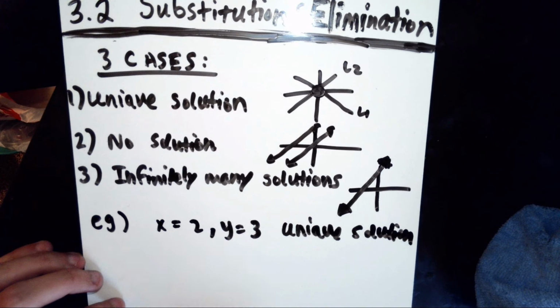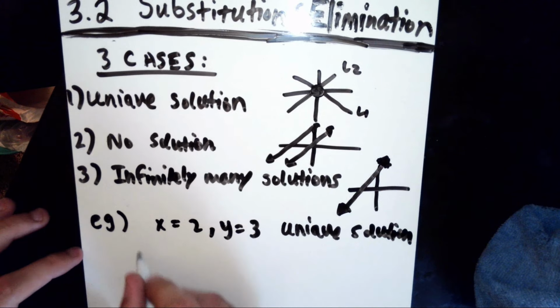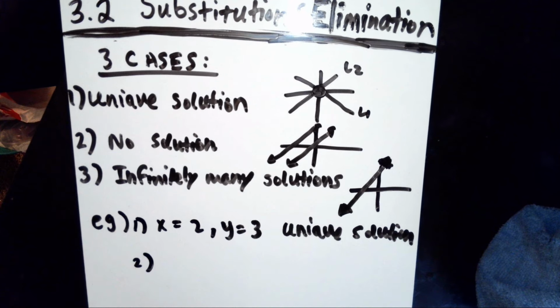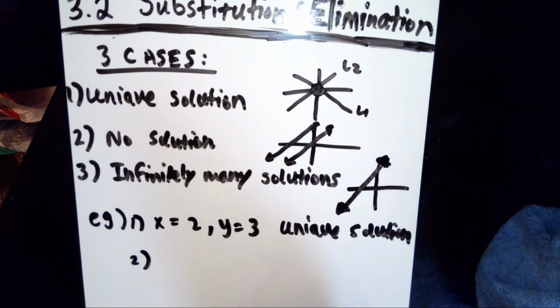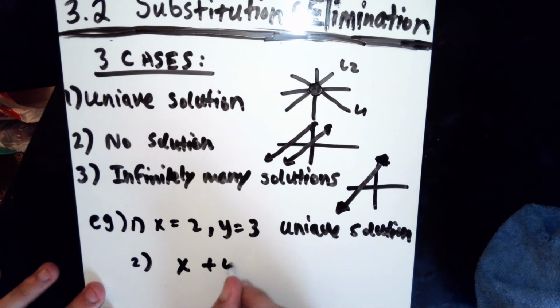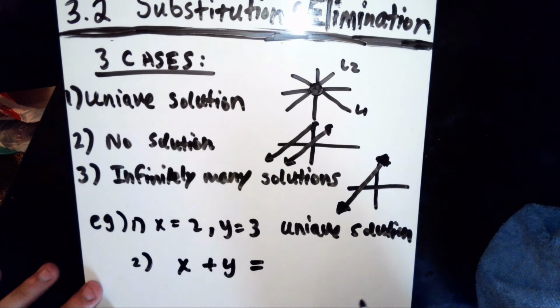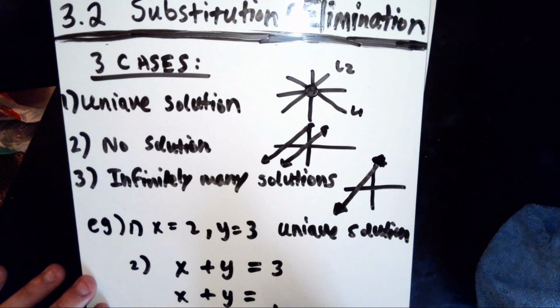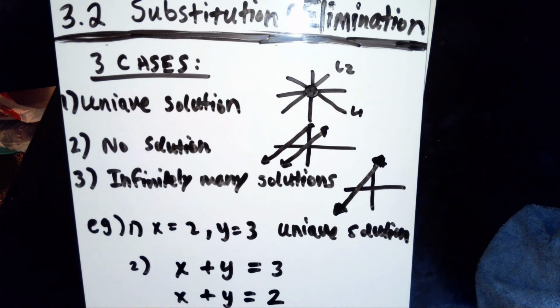Let's say that you're working through your process. So this is like case 1. Now case 2, say there's no solution. Let's say we've got x plus y equals 3, and let's say x plus y equals 2.